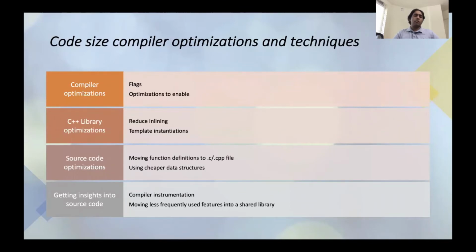I'll be talking about the C++ standard library, but many techniques can be used in other libraries which are probably used in many components in your system. The third one is source code optimization. And the last one is getting more insight into source code to squeeze even more code size out of the executable.